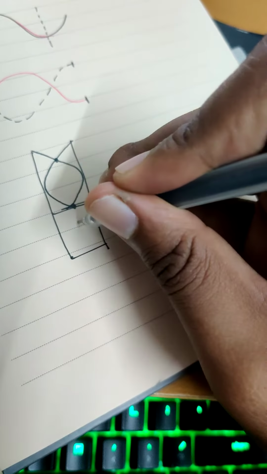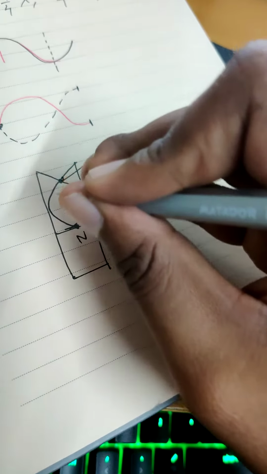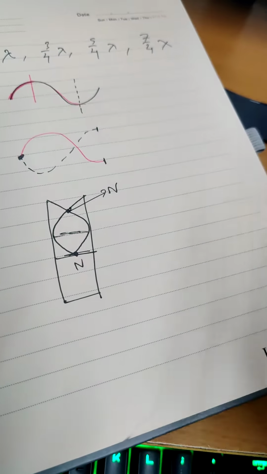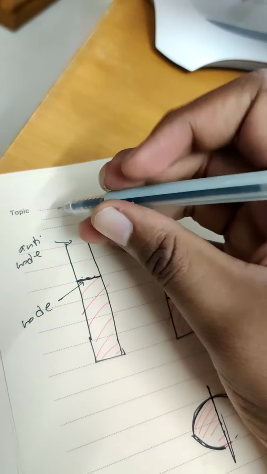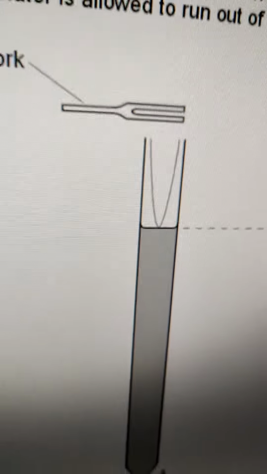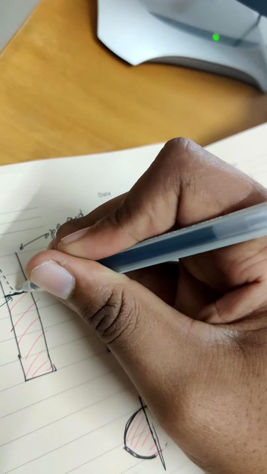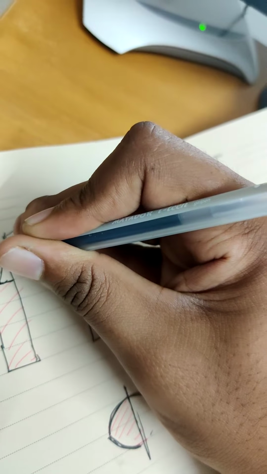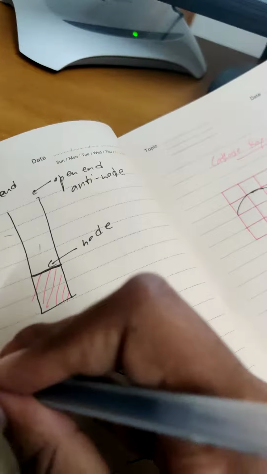Where this part is a node, this part is a node, this part is an anti-node, this part is an anti-node, right? Now the question is, how do we determine the wavelength from this? So here we draw first one, this is 1/4 lambda, right? It looks somewhat like that. And then 3/4 lambda.